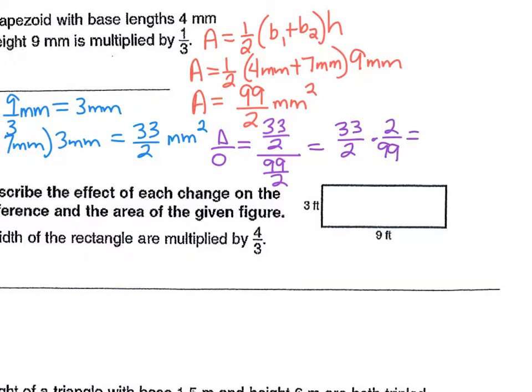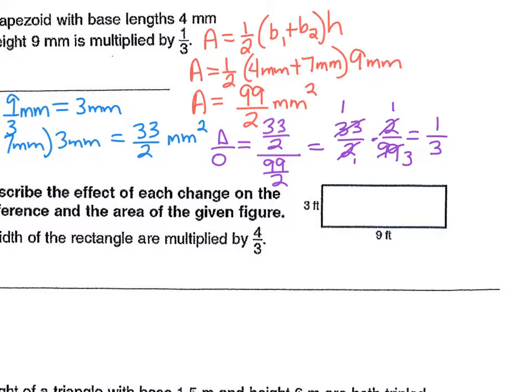Then you simplify by 2, these are 1. And by 33, that's 1, and 99 by 33 is 3. So 1 times 1 is 1, 1 times 3 is 3. So the change over the original is 1/3.